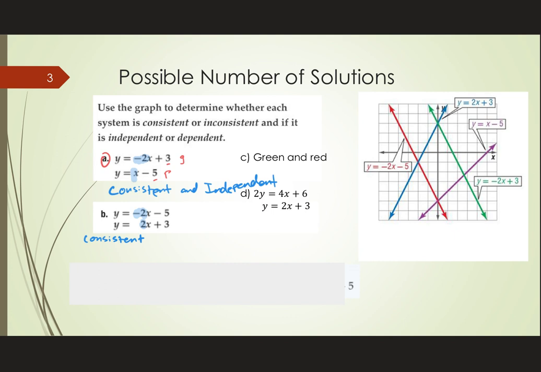Negative 2x minus 5, that's going to be this red line, so I'm going to say red. And then 2x plus 3 is the blue graph. So I'm looking for where the red and the blue graph intersect, and that's right there. So this is going to be independent.